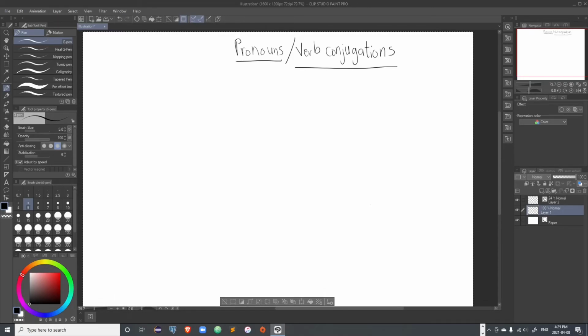What I would recommend is to create a table with three columns. One for the English pronoun, and one for the Arabic pronoun.